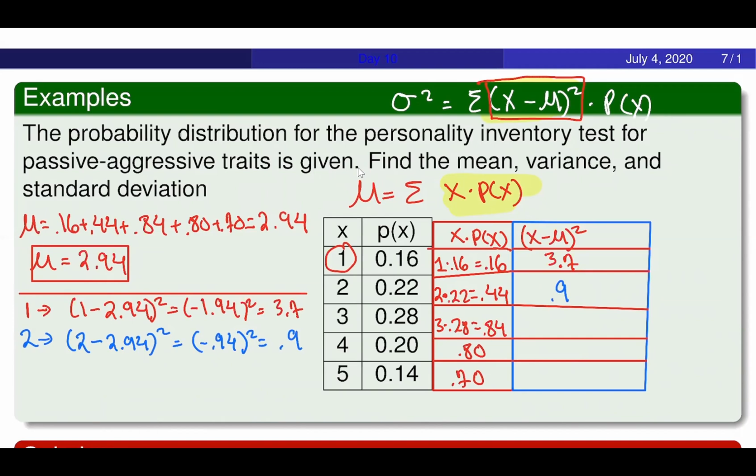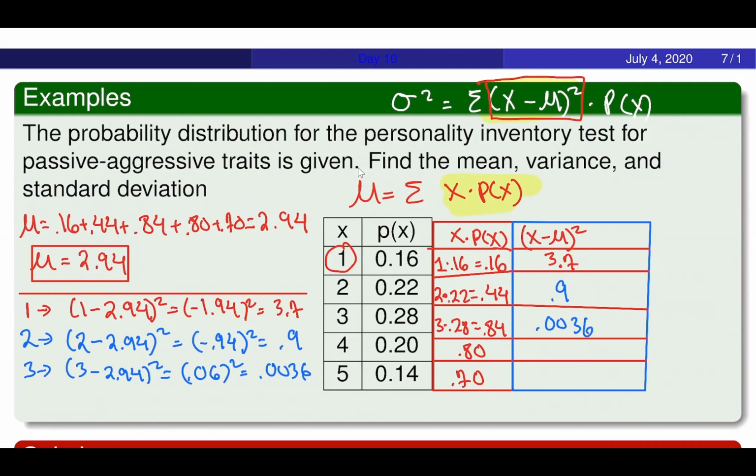All right, now we're going to do this for 3. For 3, we'll say 3 minus 2.94 squared is equal to 0.06 squared. For this one you actually get 0.0036. We'll just keep that one because it doesn't have any one digit.